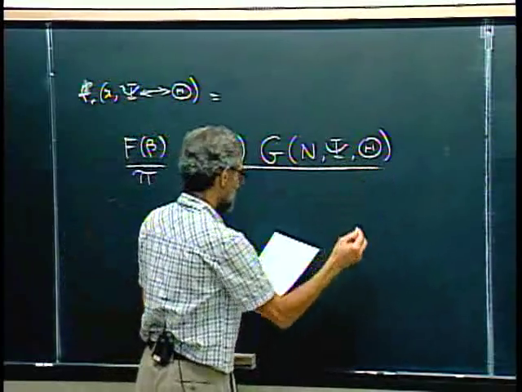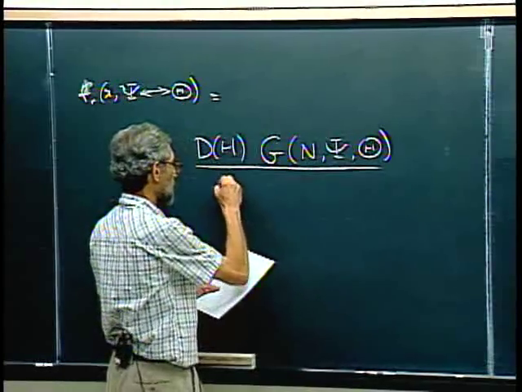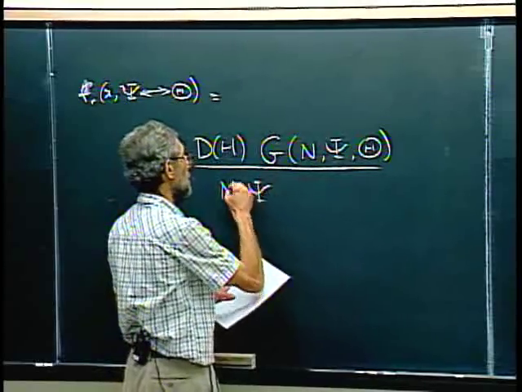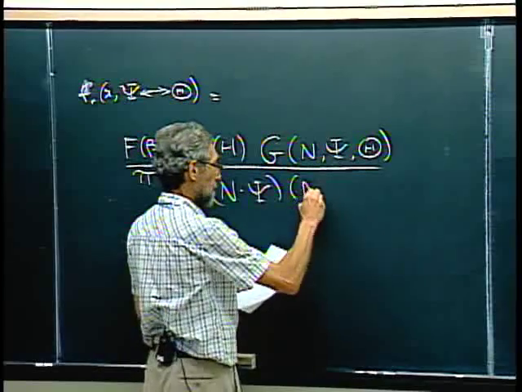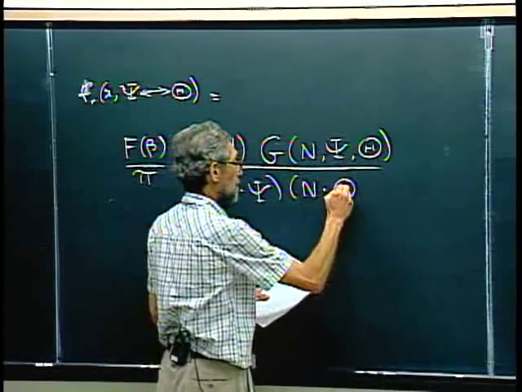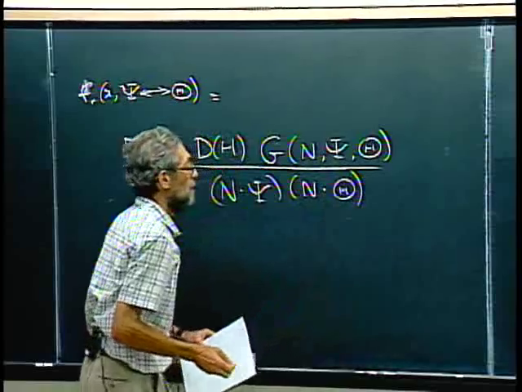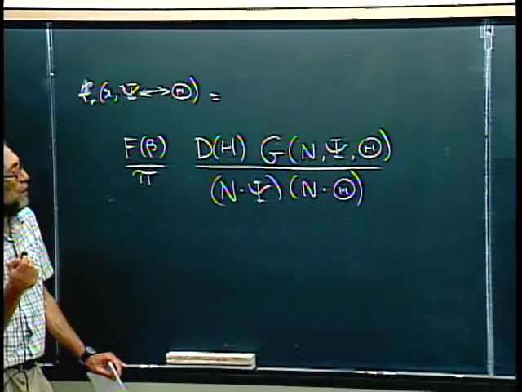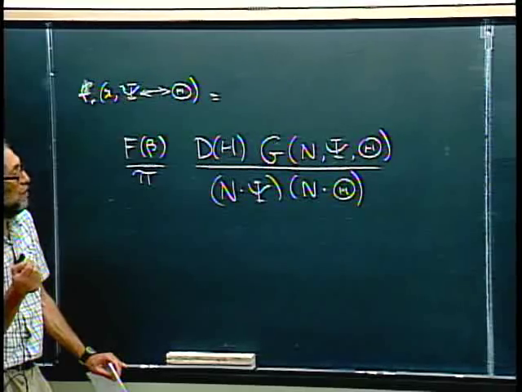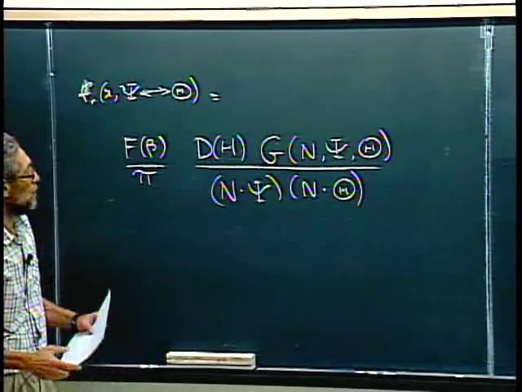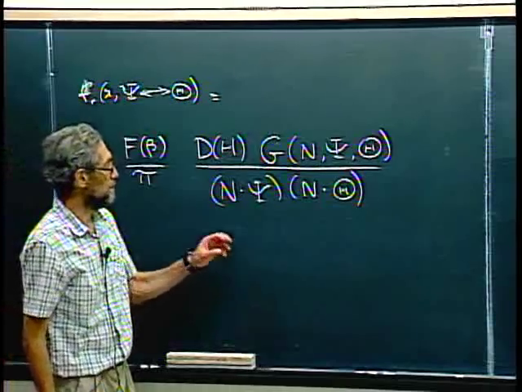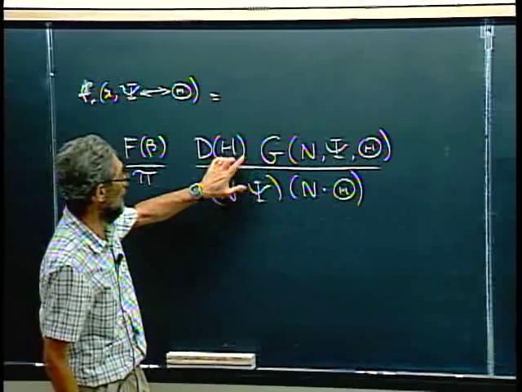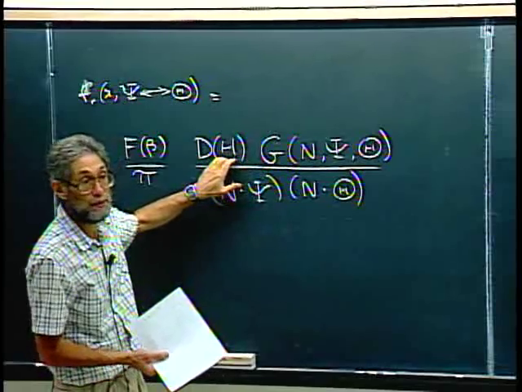And then we have some stuff in the denominator, n dot psi and n dot theta. And what I want to emphasize at this point is that this satisfies reciprocity also, because, how can I say it, H will be the same if you switch phi and psi.